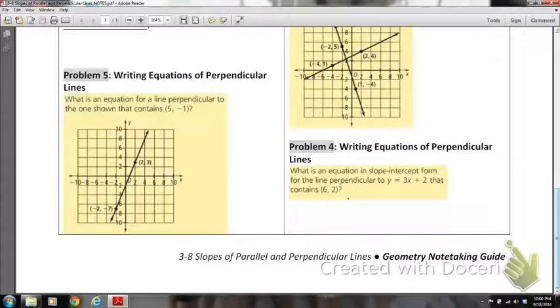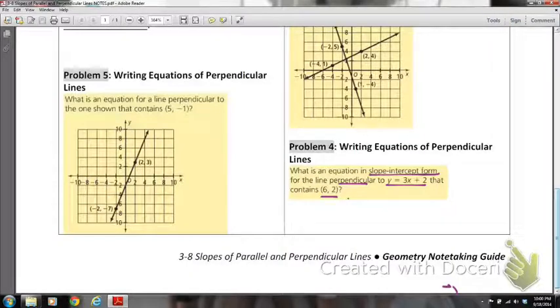Problem 4, we're writing equations of perpendicular lines. And the problem says what is an equation in slope-intercept form for the line perpendicular to the line with the equation y equals 3x plus 2 that contains the point 6, 2. So once again, we need the slope of the line that's perpendicular to the one given.